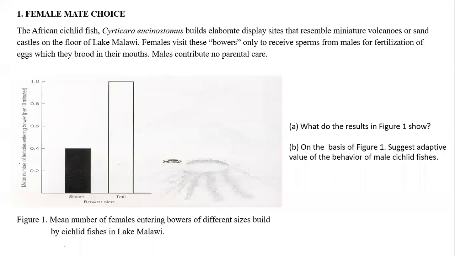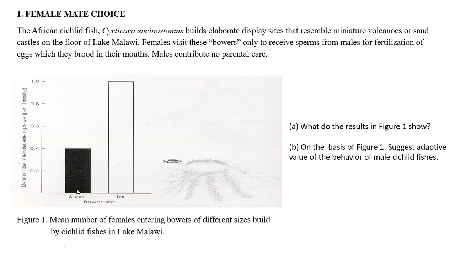Thank you. Now, it is very important when we write the trends that we do not interpret the results. We describe the trend. So in here, all we are going to say is that the females preferred, or the taller bowers were more selected by the females than the shorter ones.